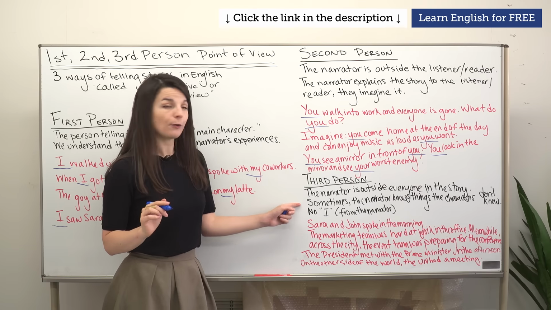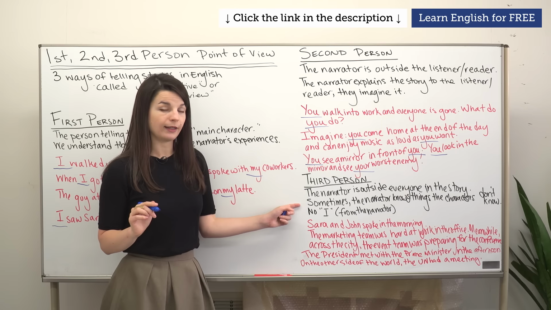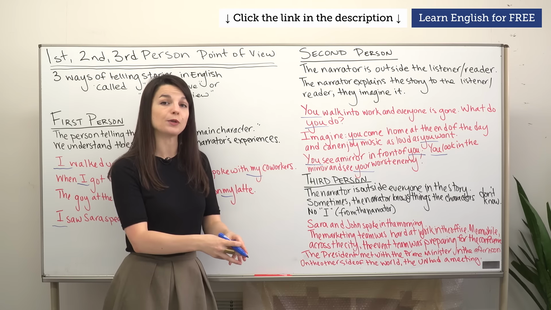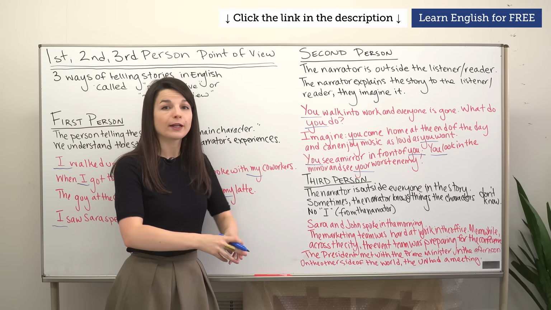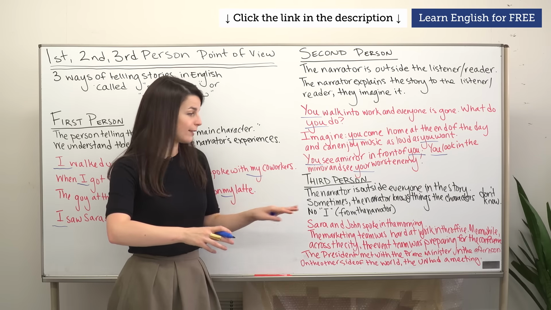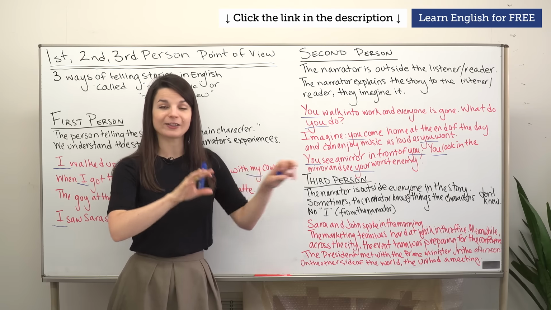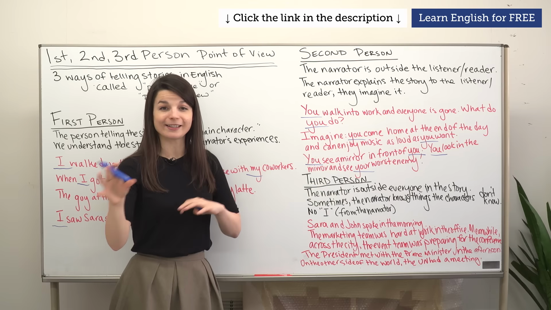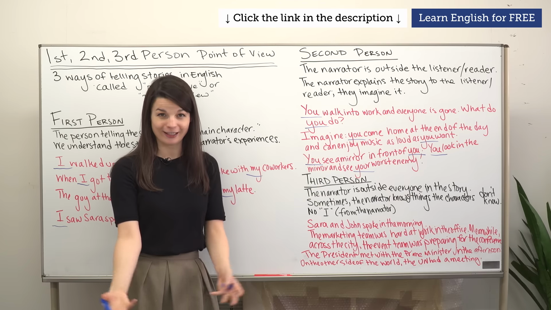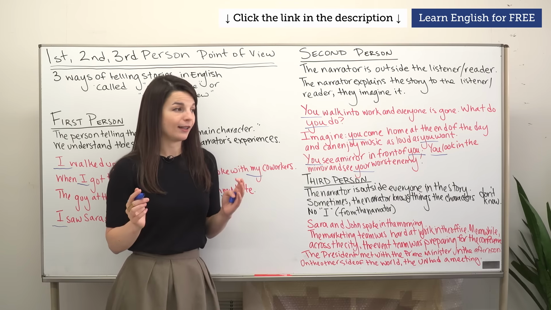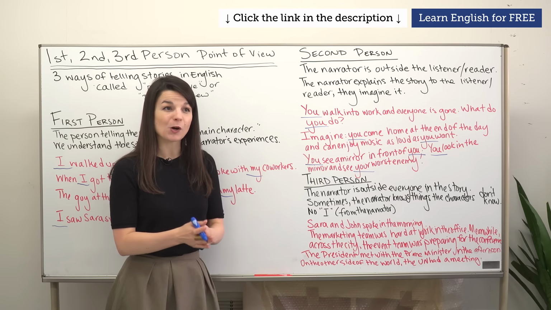But sometimes the narrator knows things that the characters in the story do not. So in a lot of stories that are told in third person, the narrator sees many different characters at different places and different points in time. The narrator knows everything in the story, but the characters themselves don't know everything.